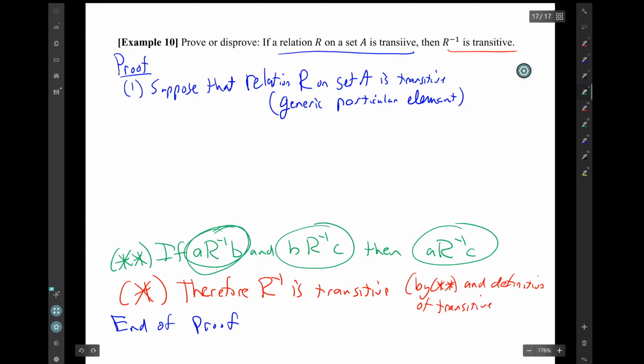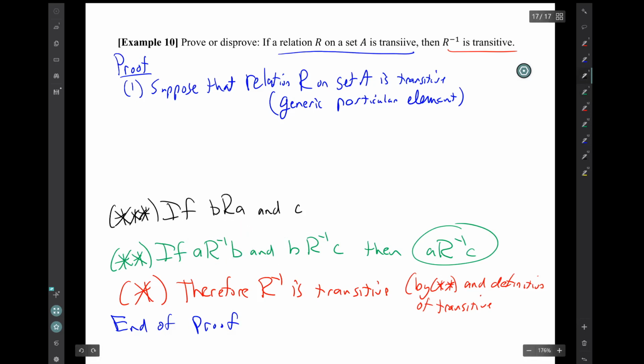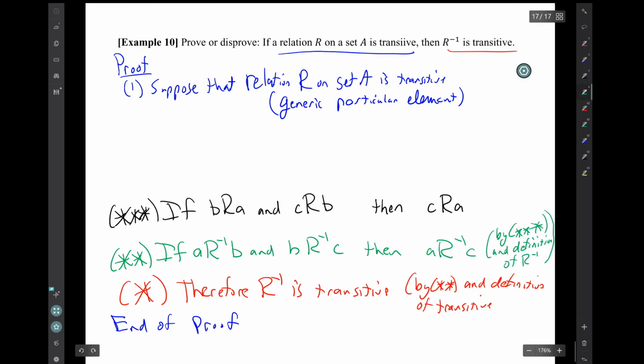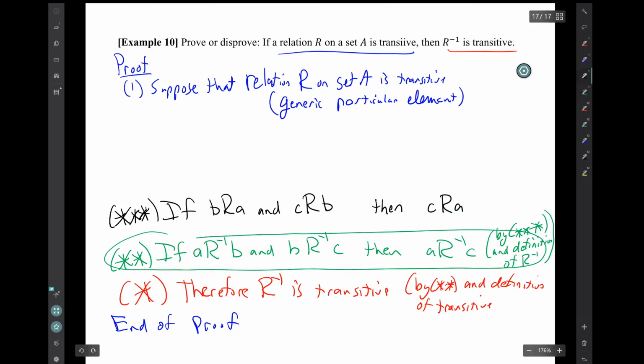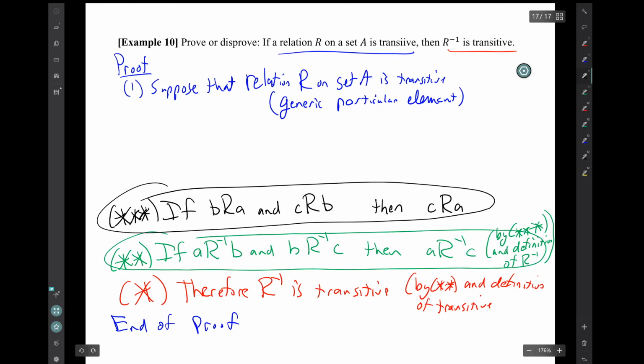A R inverse B means B R A. So before we can say this green statement, we have to have previously said this black statement. Once we say that black statement, the green statement follows just by definition of R inverse.